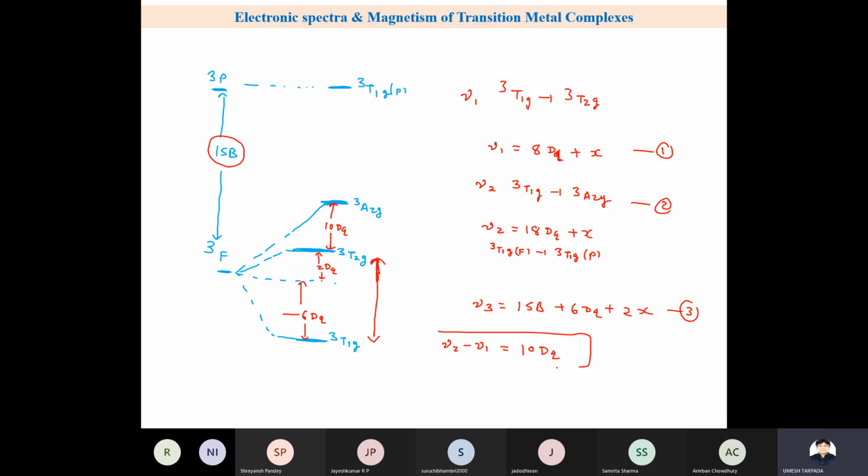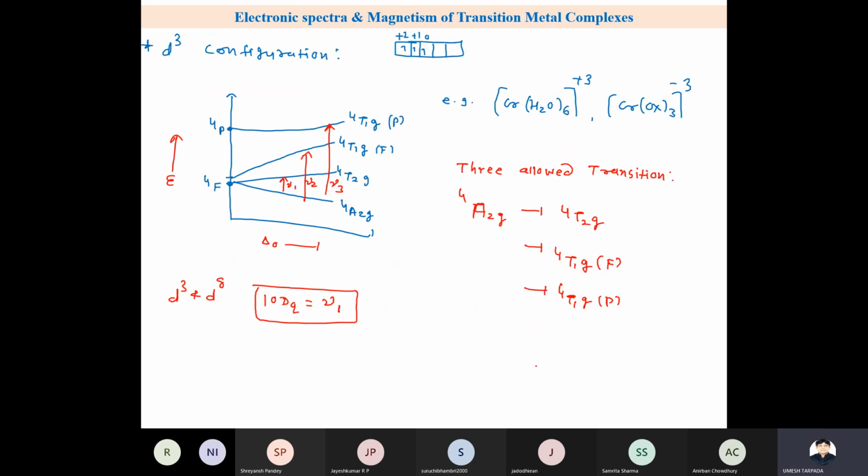Therefore, for the d2 and d7 systems, we write ν2 minus ν1 is equal to 10 dq.